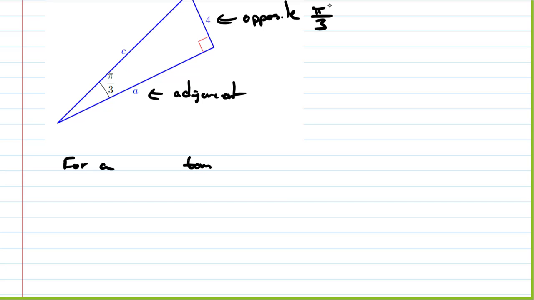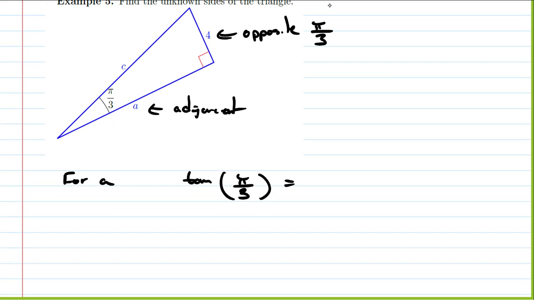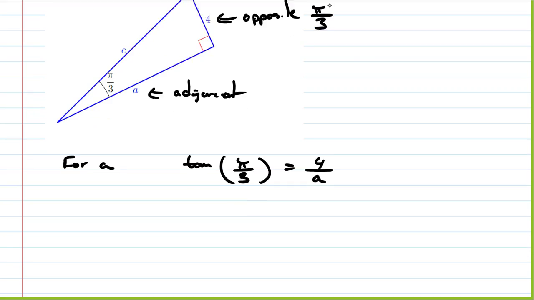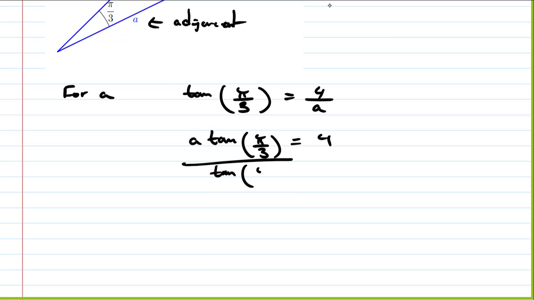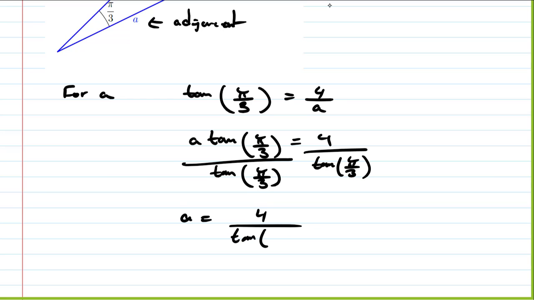So then that would tell us that the tangent of pi over 3 is equal to the opposite, which is 4, over the adjacent, which is A. So cross-multiplying, we would get A times the tangent of pi over 3 is equal to 4. And we divide by tangent pi over 3 on both sides to get A is equal to 4 divided by the tangent of pi over 3.